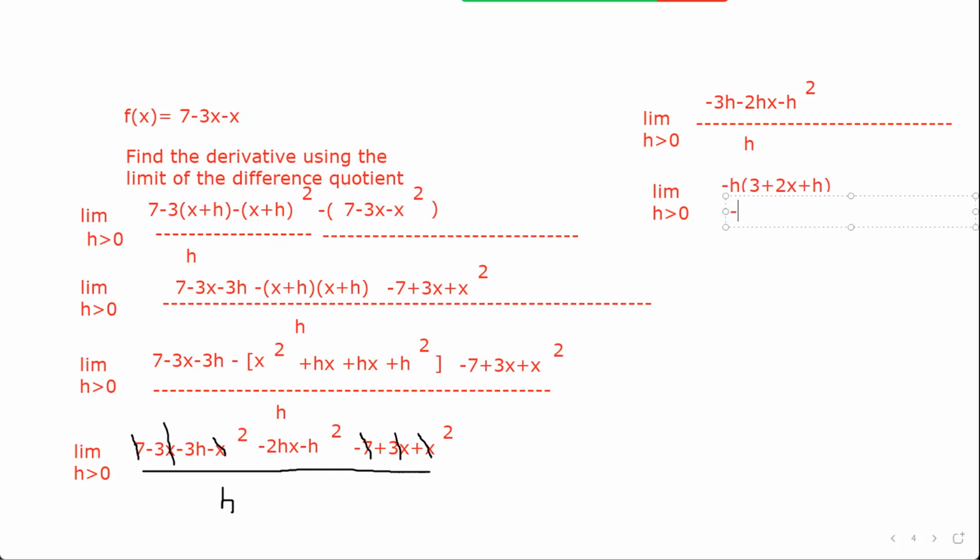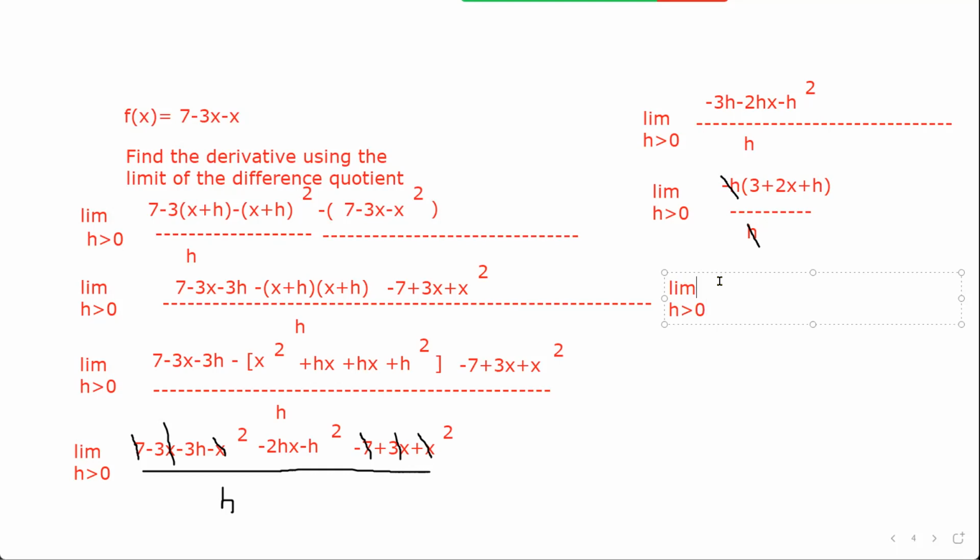And we're going to divide by h, aren't we? Now, what's nice is this. Watch this. These h's cancel. See that? Now we have the limit as h goes to 0.